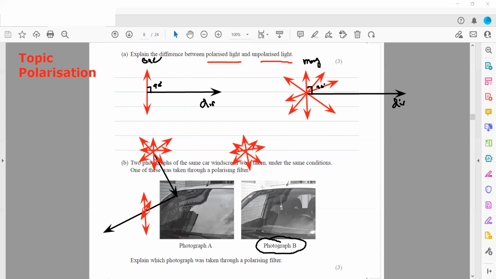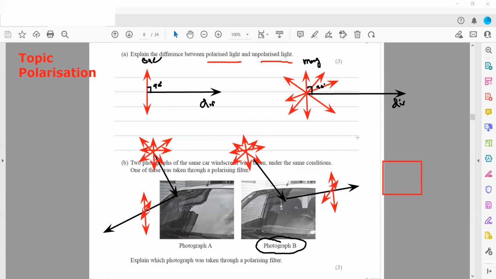But if you observe the same windscreen through the polarizing filter, when the light strikes and bounces off, it is also partially polarized. But what are we observing through a polarizing filter?